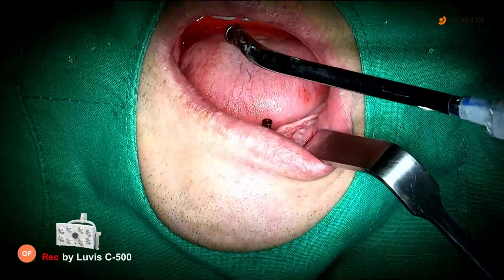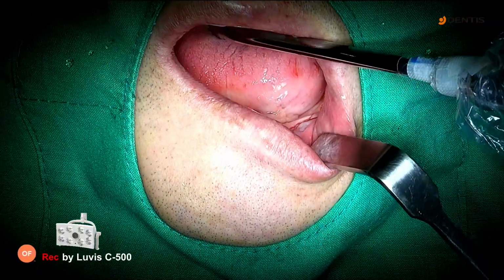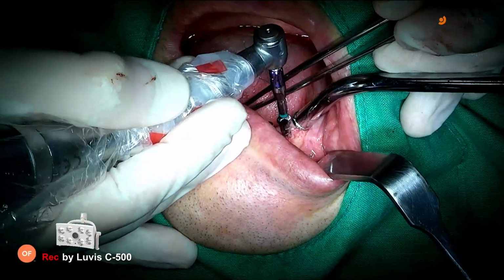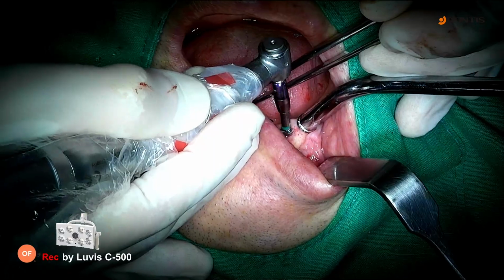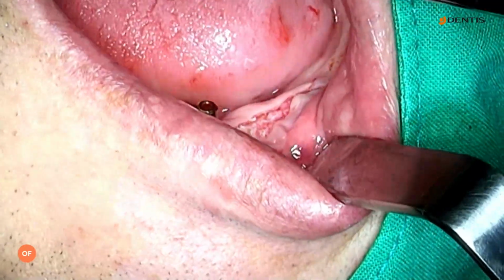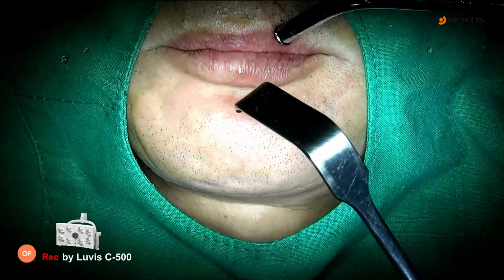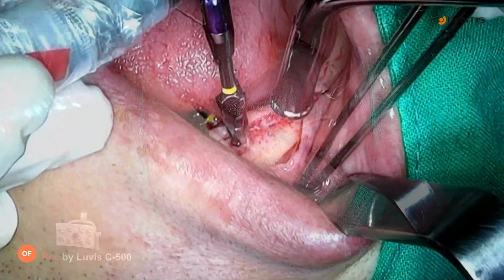Next drill, 3.5. I think the final drill 4.0, because I enlarged the hole for the position changing.